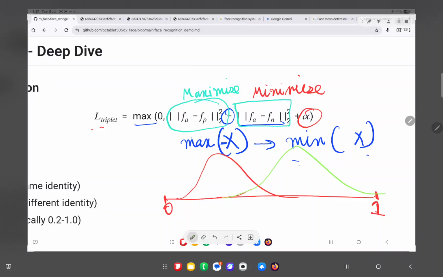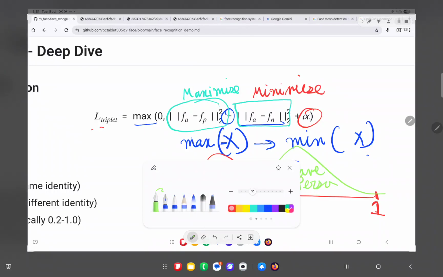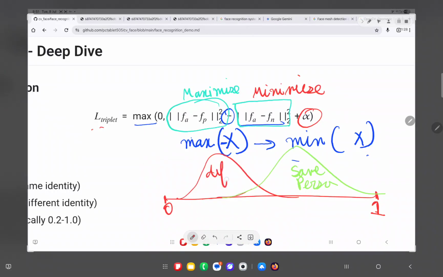This could be the distribution for same person, and this one would be for different person, but there is still some overlap, and this alpha parameter makes these distributions shift far away.